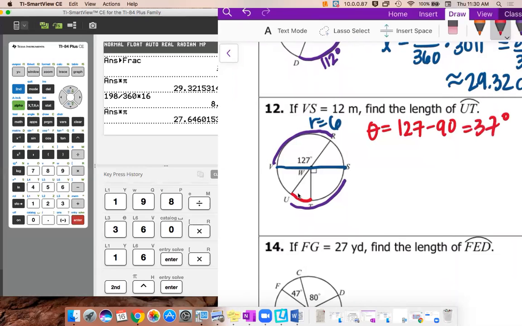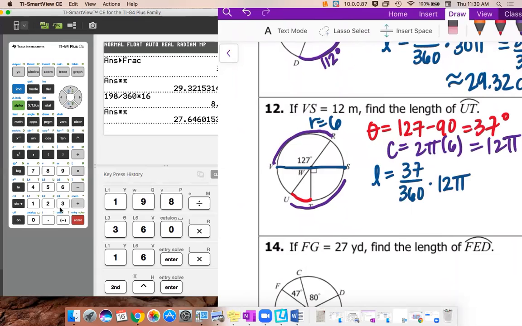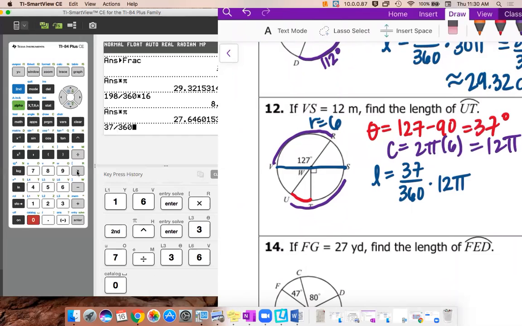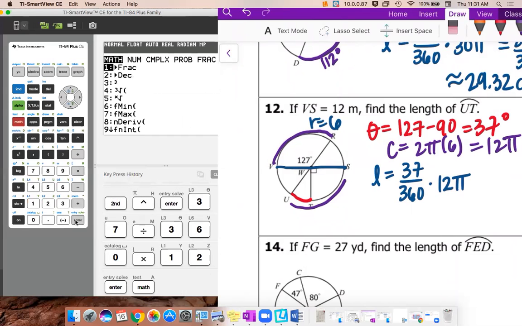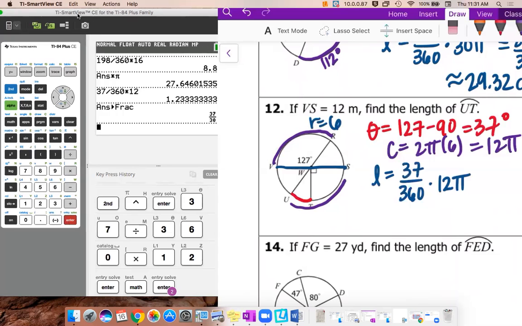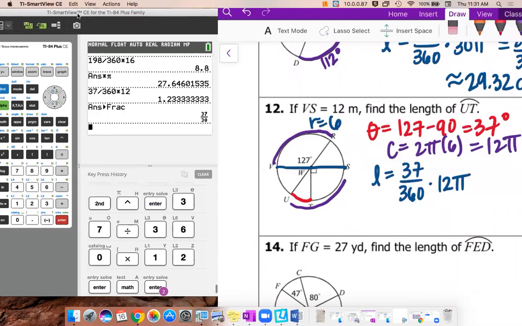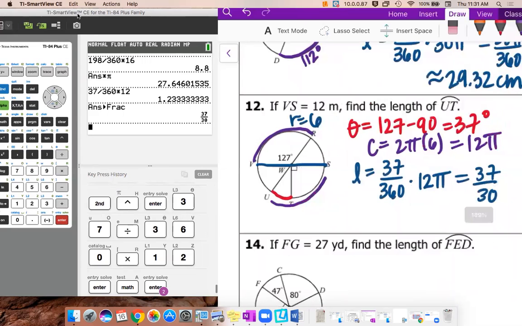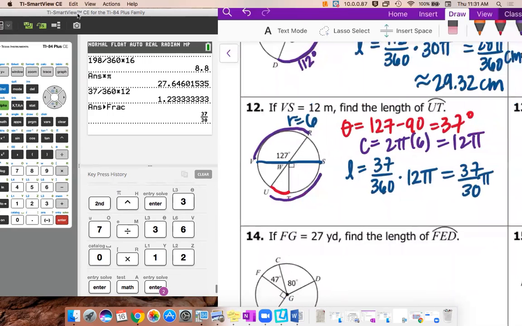And then the other thing I need is the circumference, which is just 2 pi r, which is going to be 12 pi. And then we just plug it in. So 37 out of 360 times our circumference, 12 pi. So then you just do 37 divided by 360 times 12. And that's really ugly, so I'm going to turn it into a fraction, and it comes out to be 37 thirtieths, and then you just put the pi back in there, and the units in this one were meters.